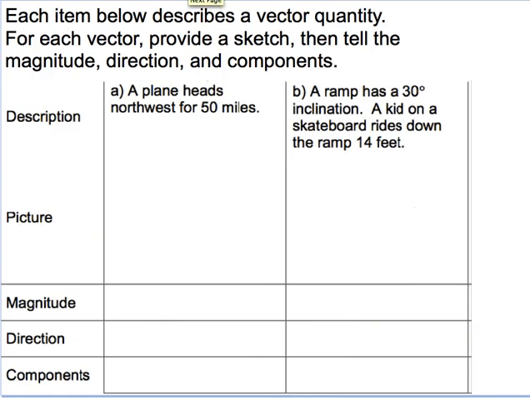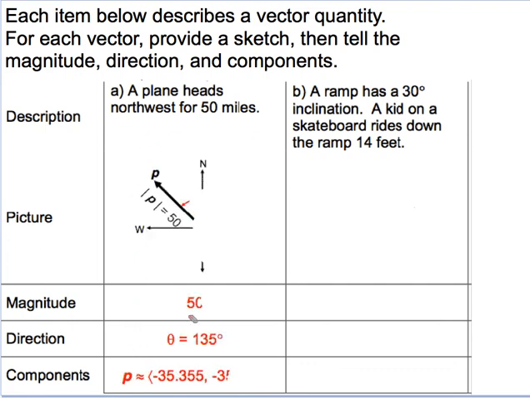And then this last part, I'm trying to remember if I went through any of these. I don't think I gave you the answers on any of these. Oh, I did do the answers. You have a plane heading northwest for 50 miles. Northwest is this direction. This angle is going to be 135 degrees.